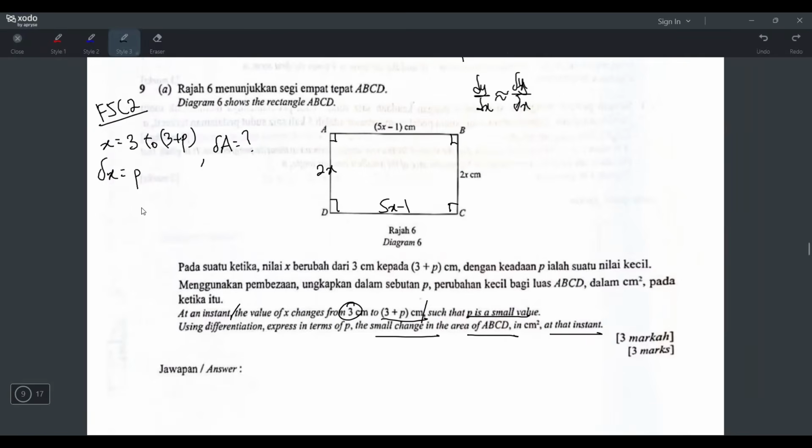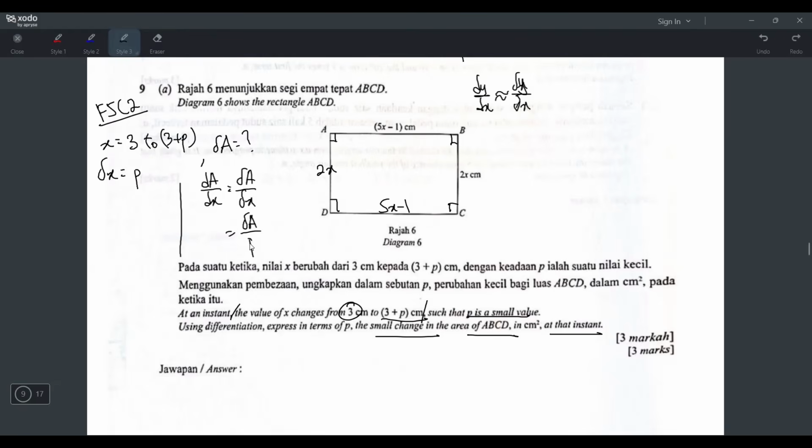So what I will write here, okay, actually I need to leave some space. So I will write maybe down here. So dA over dx equals to what? Delta A over delta x. And then delta A, that is what you want to find at the end.